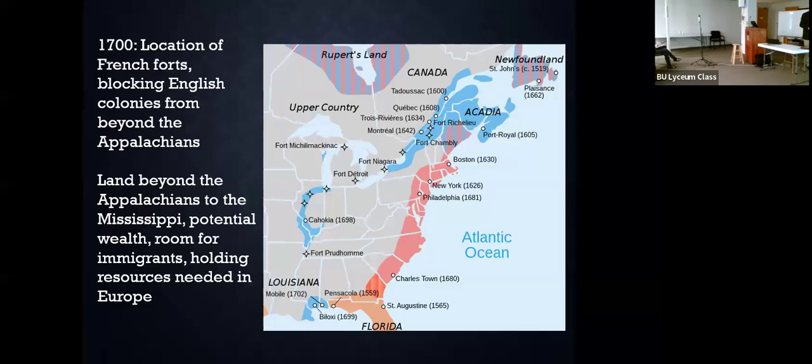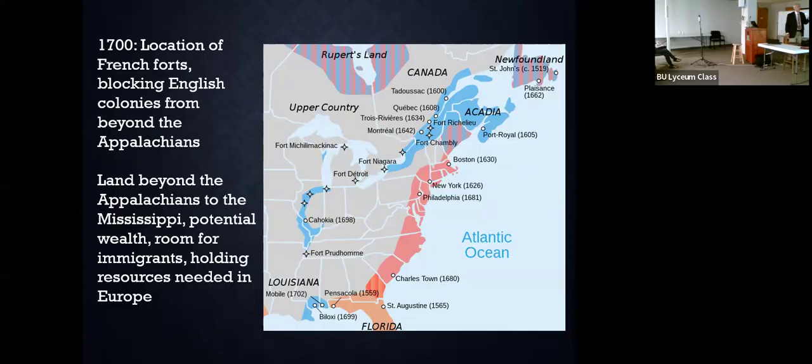And it's partly expressed in this slide showing the location of French forts. And if you look at the slide in blue, which is the French holdings, and you look at these star shapes, these are the forts that the French had created, in part for trading, so they could continue the fur trade and other things which they wanted to get from Native Americans.